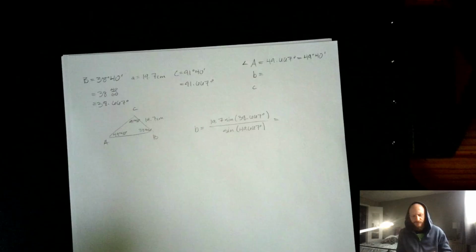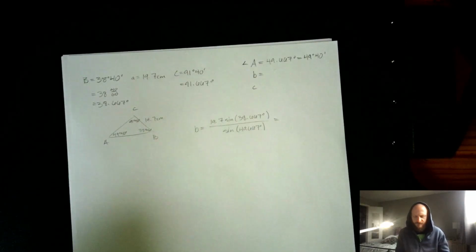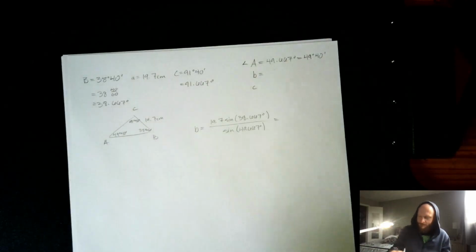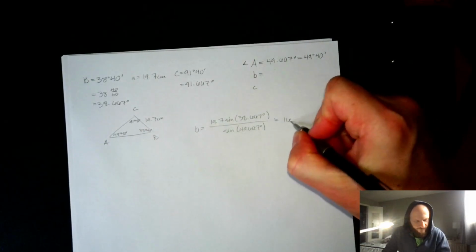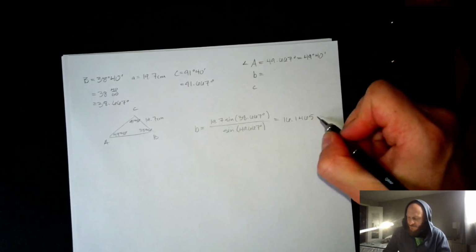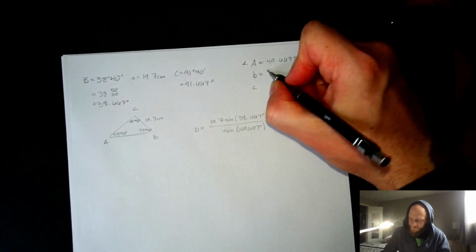And what does that come out to? 19.7 times the sine of 38.667 divided by the sine of 49.667 comes out to about 16.1465, and that would be centimeters.